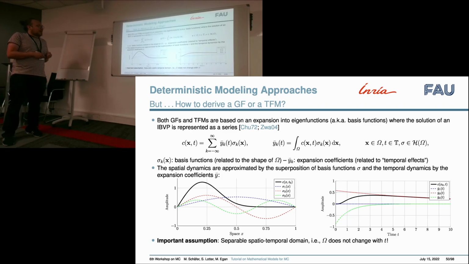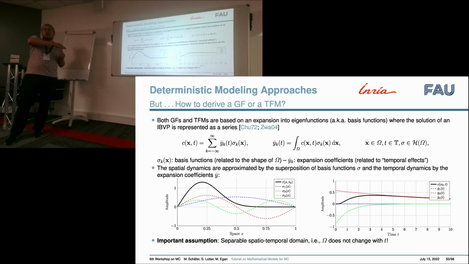How does this work? For example, here the black curve might be some concentration distribution over space x. And I can try to approximate this function just by summing up weighted versions of these simple sine functions. When I take enough of these sine functions, weighting them with the correct values, then I can obtain the black curve here.